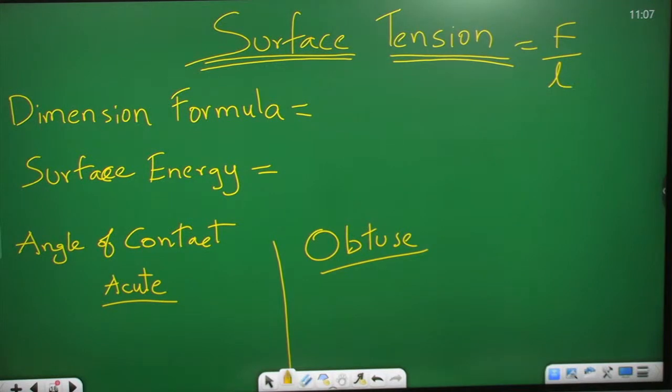Okay, units of surface tension. Okay, Mr. Simha, you are right. See, angle of contact, if it is acute, what are the observations or characteristics? If it is obtuse, what are the characteristics?